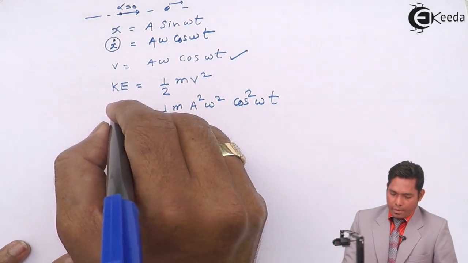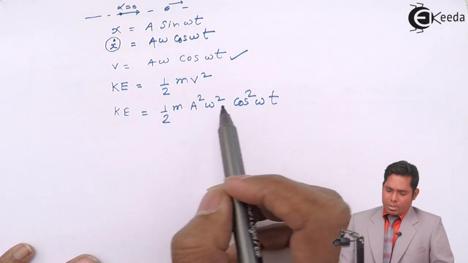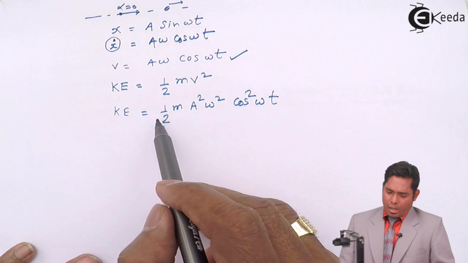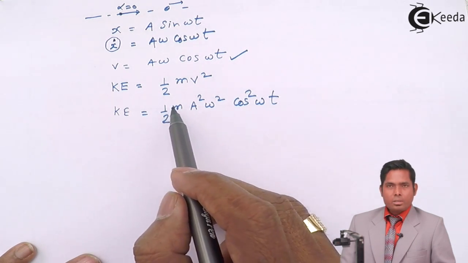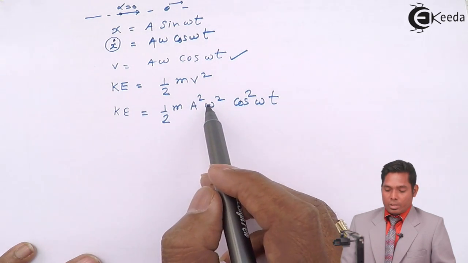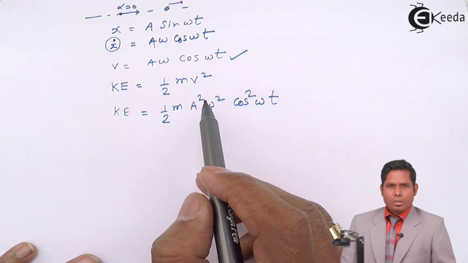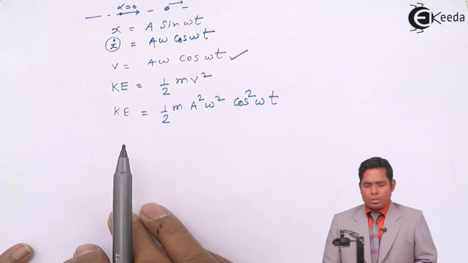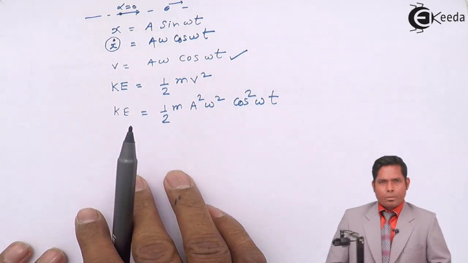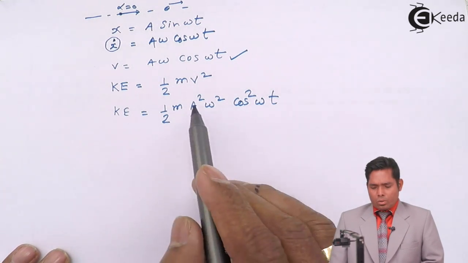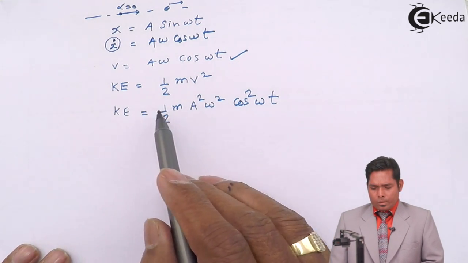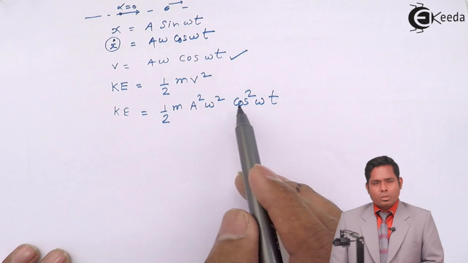So kinetic energy is like this. You can see that half, the mass, the amplitude of oscillation and omega are constant irrespective of the position of the particle. So kinetic energy is some constant into cos square omega t.